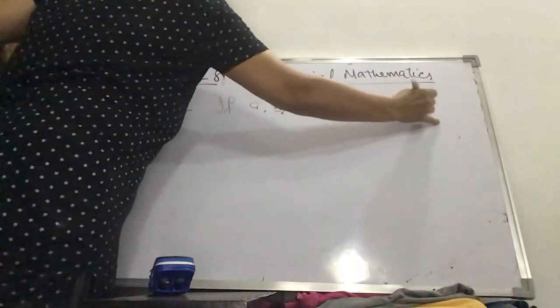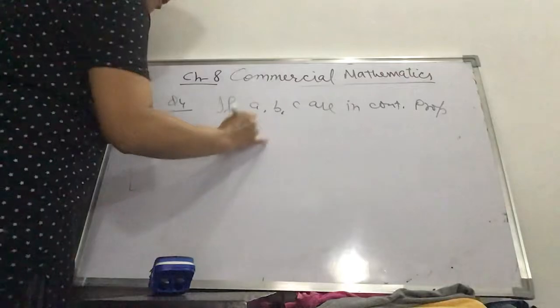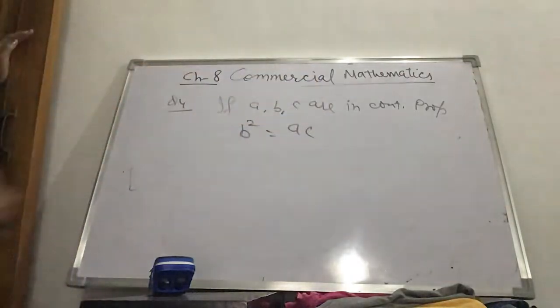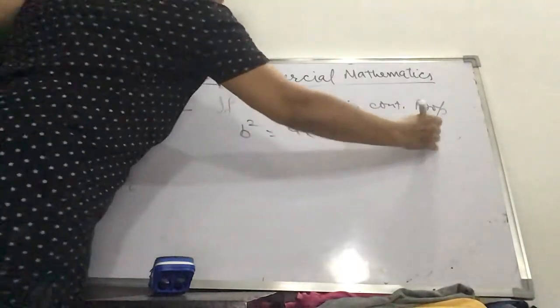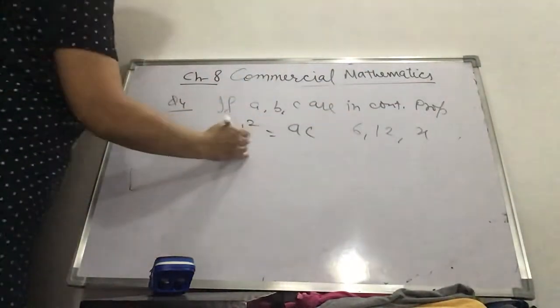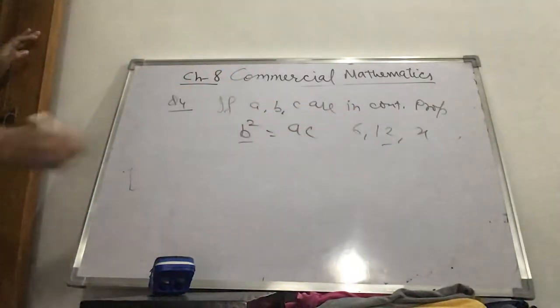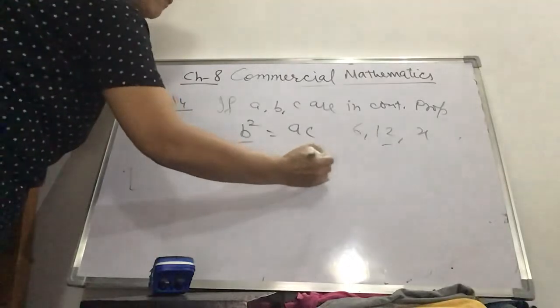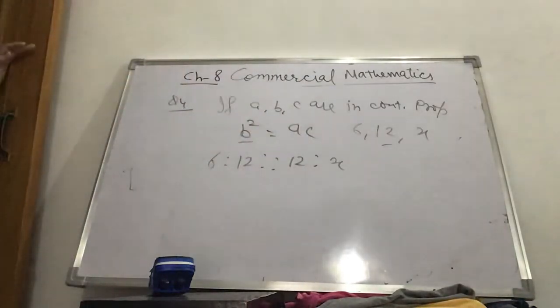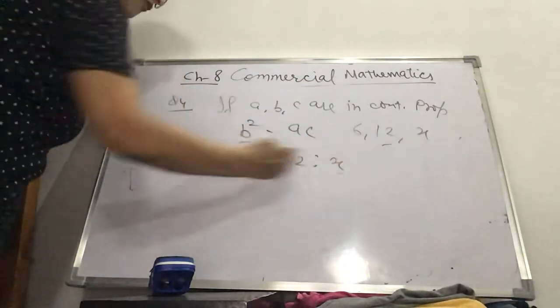If A, B, C are in continued proportion, then we can say B square is equal to AC. We are given the terms 6, 12 and X. So for B square, 12 will be repeated. 6 ratio 12, proportion 12 ratio X. So we have to find the value of X.